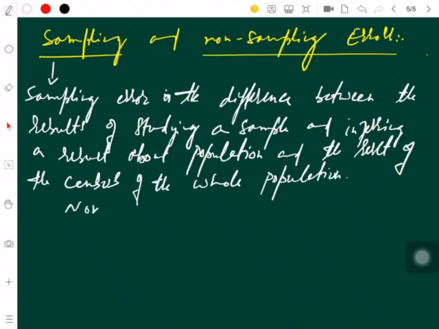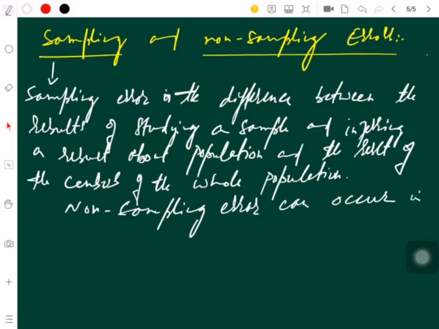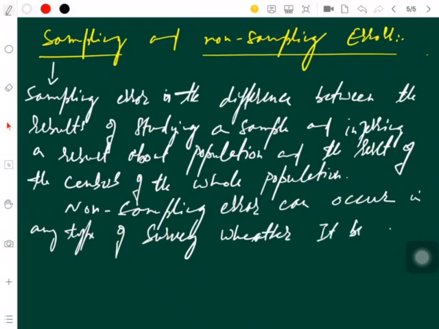While non-sampling error can occur in any type of survey, whether it be a census or sample survey.